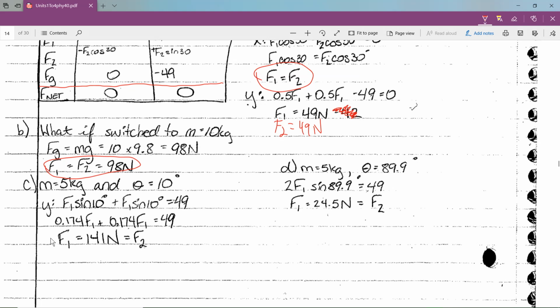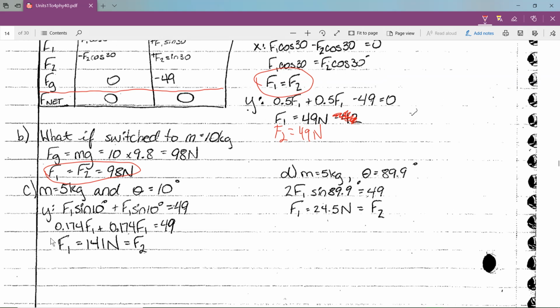So I'm just focusing on the y, and you end up with 141 newtons for the tension. So the strings are getting more tense for the same mass if you make the angle closer to 0. Okay, it's not sagging as much. That's one way to do it. It's more stretched tightly across.